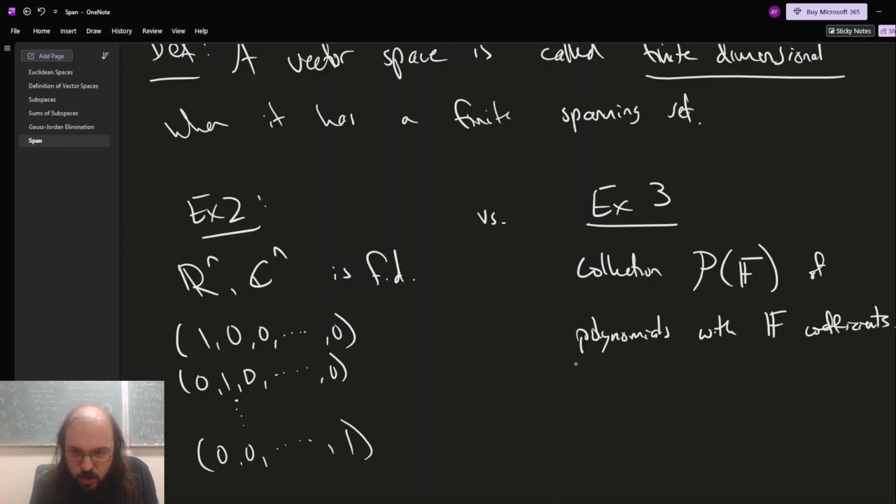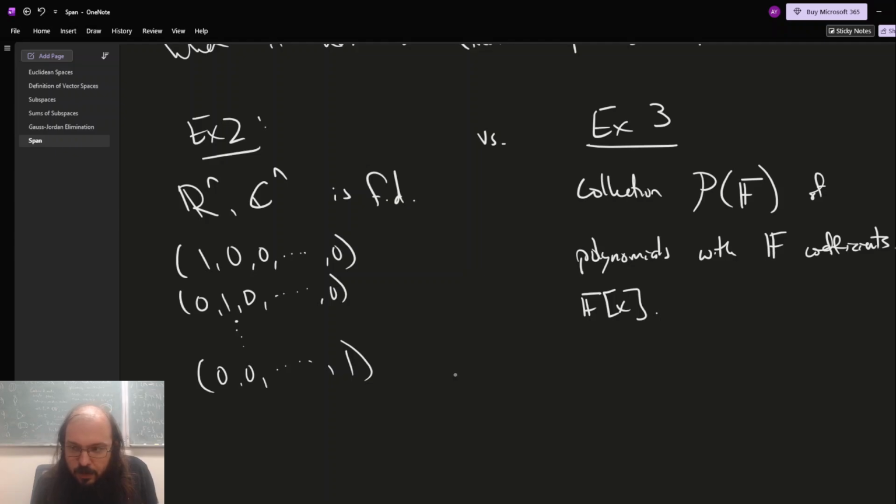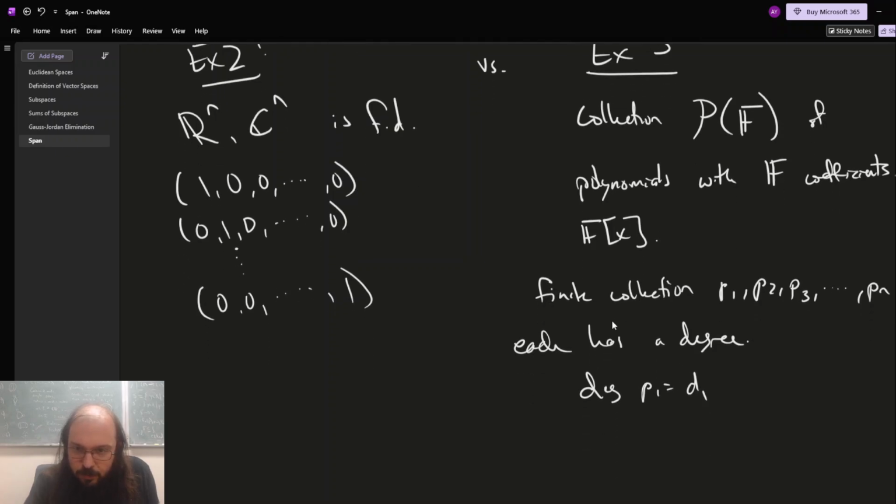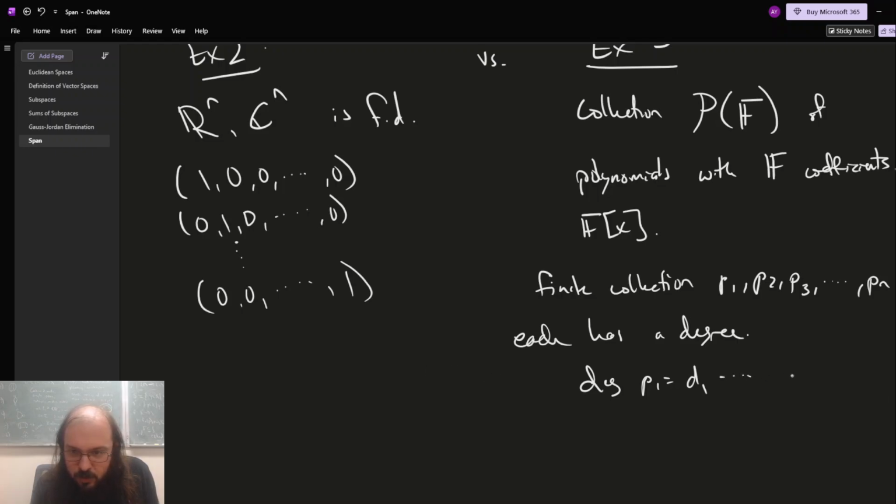If you were an abstract algebra enjoyer last semester, we called this F adjoin X. This is not a finite dimensional space because, for example, if you give me any finite collection of polynomials, each of them has a degree. So, maybe we'll call degree of P1 equal to D1. Degree of Pn will be equal to Dn.